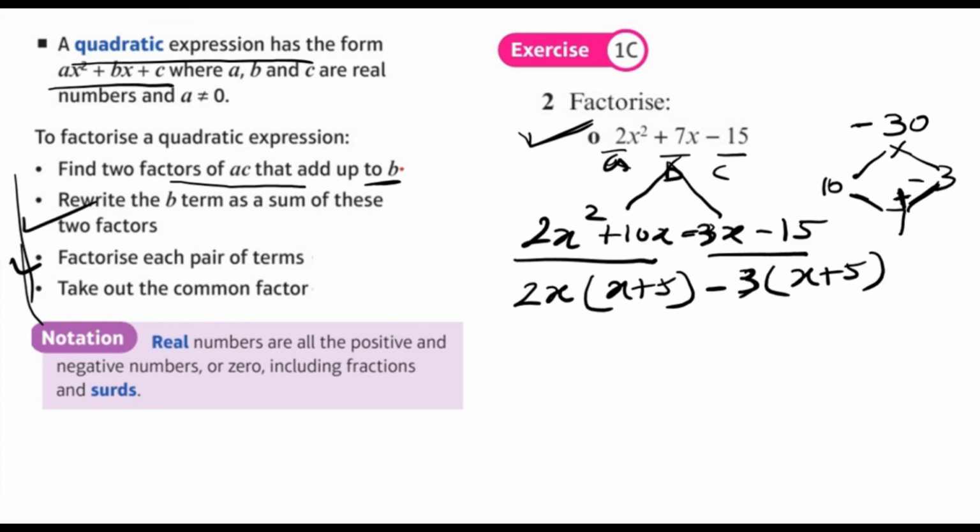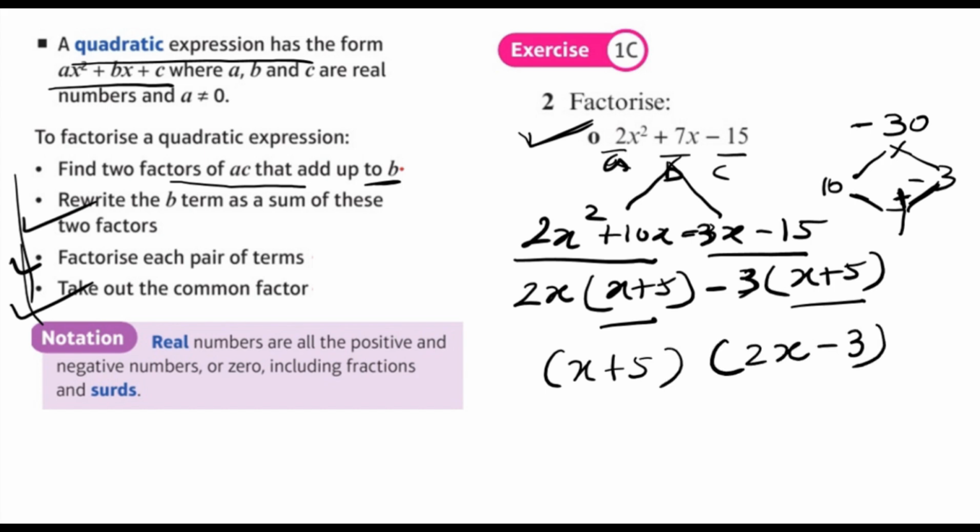Now fourth step, take out the common factor. As you can see, x plus 5 is a common factor, so take it out. What is left? 2x minus 3. This way we get the 2 factors of this quadratic expression.